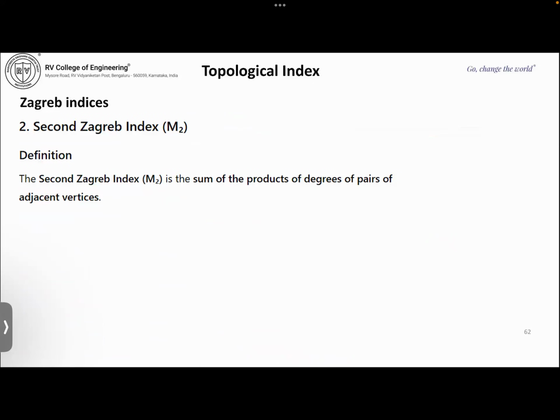Then the second Zagreb index M2 is defined as the sum of the products of degrees of adjacent pairs. First, identify the vertices, identify their degrees, and identify the adjacent degrees, then calculate the products of degrees of the adjacent pairs, and then add all of them.